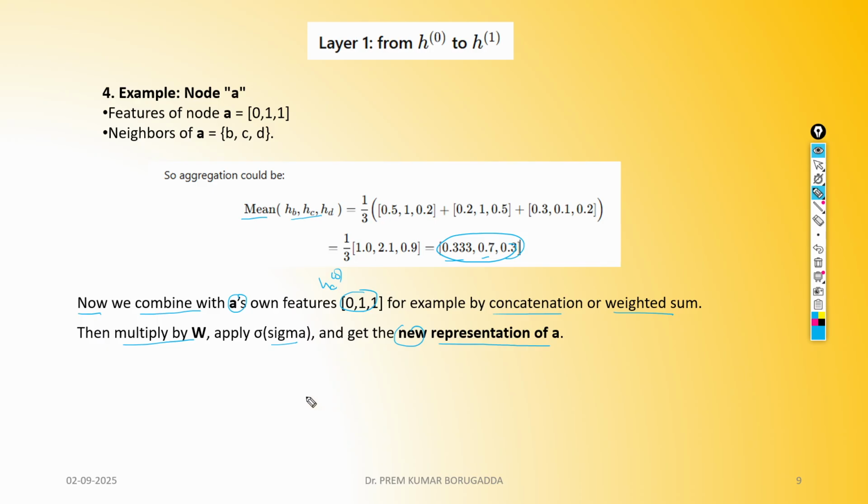For node A, the updated m_A of 0 means the mean of node A, which is 0.33, 0.7, 0.3. This is the way we calculated the mean of A.